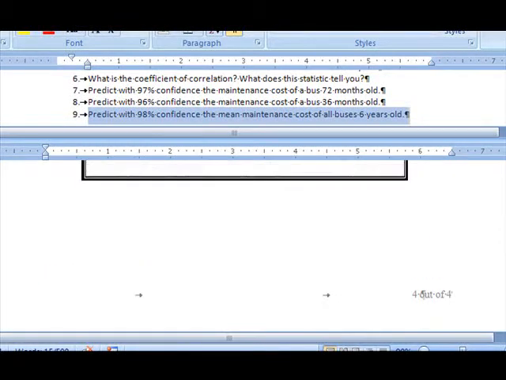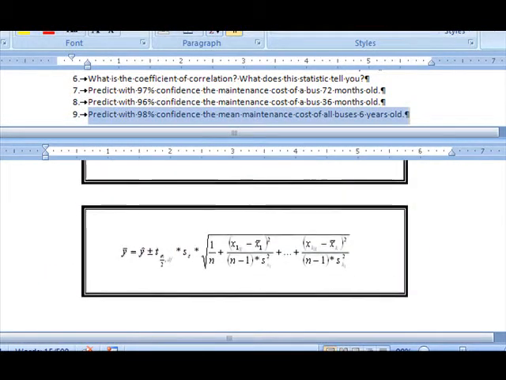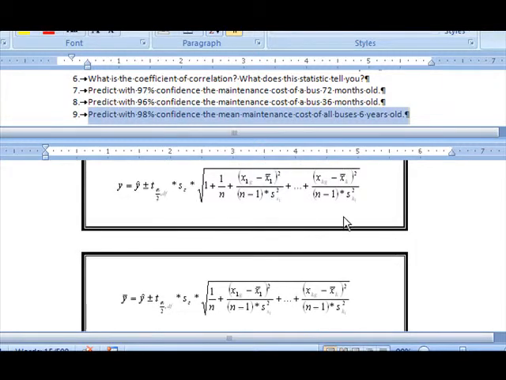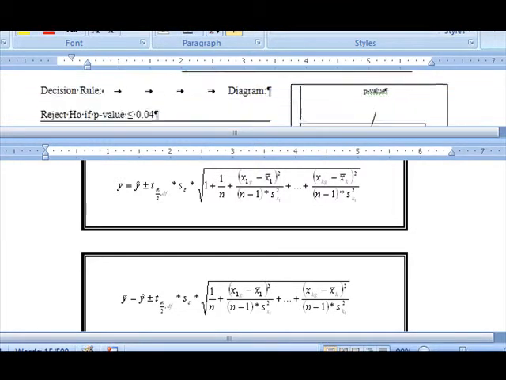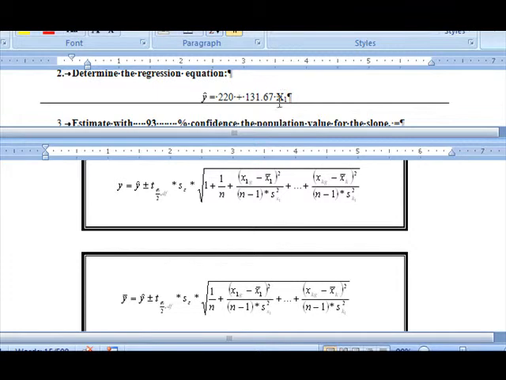Why? Because we have a set of equations at the end of the template. Notice one is y equals y hat. What is y hat? Well, y hat is your regular regression equation, the one that we obtained in step number 3. So y hat is this equation.